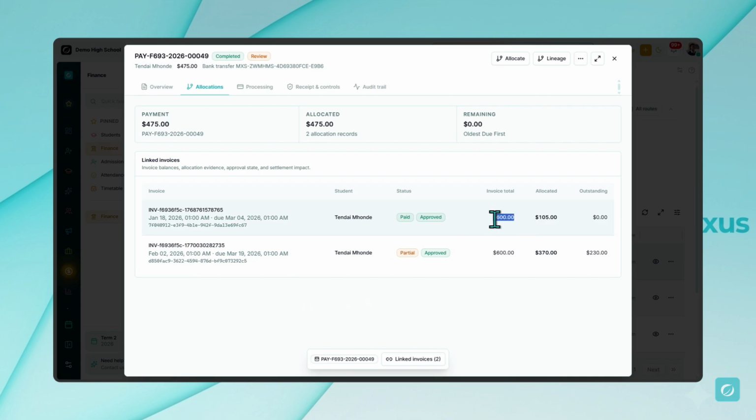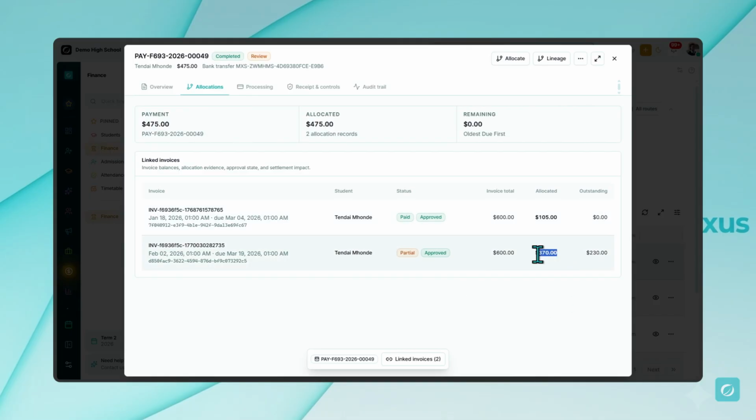The first invoice originally totaled $600. It had already been partially paid and needed only $105 to be completed. Makronexus applied $105 from the new payment, bringing that invoice's outstanding balance to 0 and changing its status to paid.